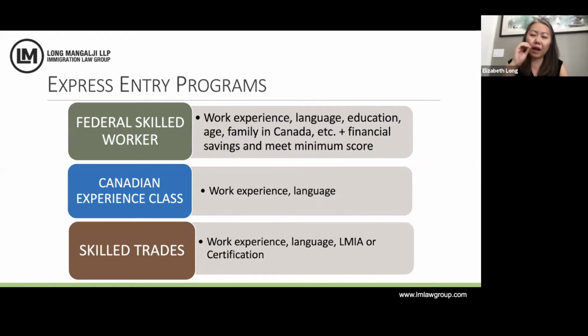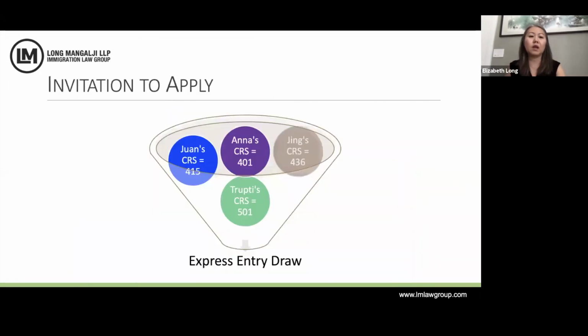Well, if you have one of these positions, let me know and we can speak a little bit more about that. But usually the students, because you don't get an LMIA or provincial certification, you won't qualify under this. Okay, so that's to get into the pool.